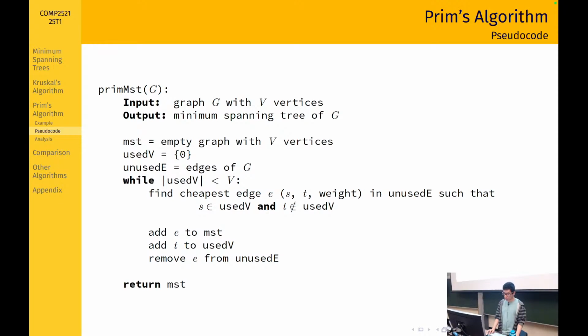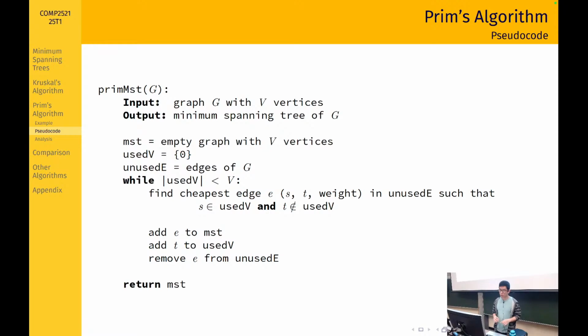So I said that this pseudocode might not be the way you actually implement it. What I mean is that you might not actually use a set of unused edges, because that is a little inefficient. But what you might use instead is something like a priority queue.